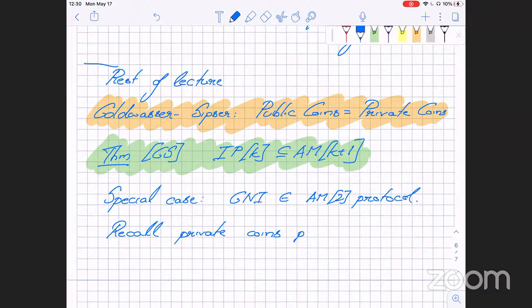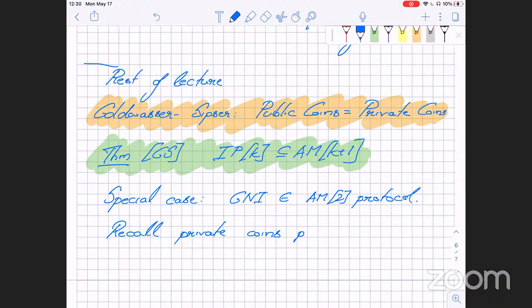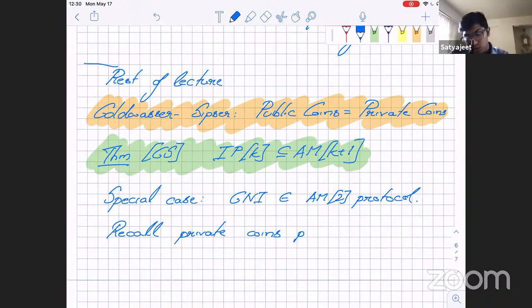Where did we do this? No, we didn't do this. I don't know of any other Goldwasser-Sipser. There is something in AM intersection coAM, which is a Goldwasser-Goldreich protocol for the shortest vector problem, but I do not know. Okay.